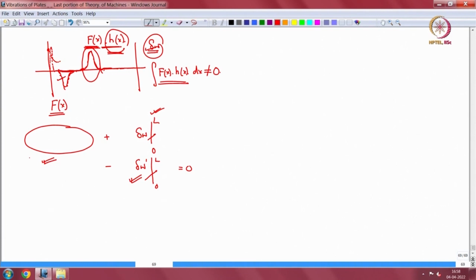Then once the differential equation term is not there, we again look at the boundary terms, and now we choose delta W such that it is 0 at the top and lower boundary, so that this boundary term is 0. Then we are left with this boundary term. Now this boundary term by itself is 0, so that gives me the boundary conditions.